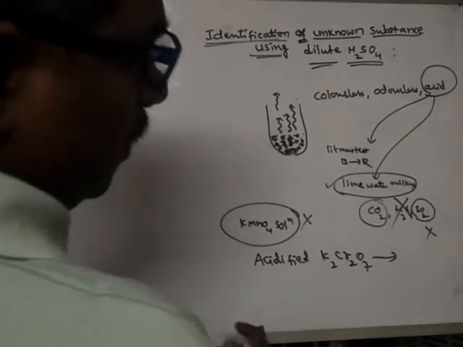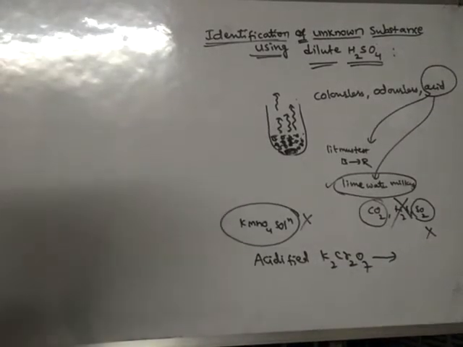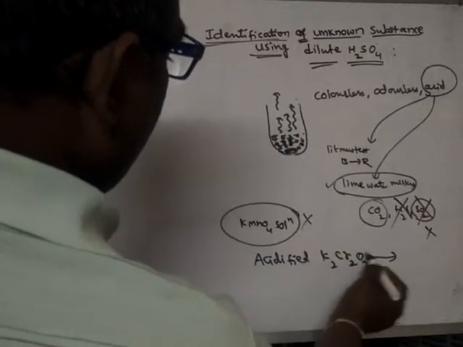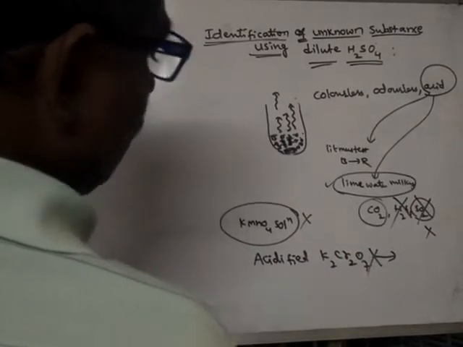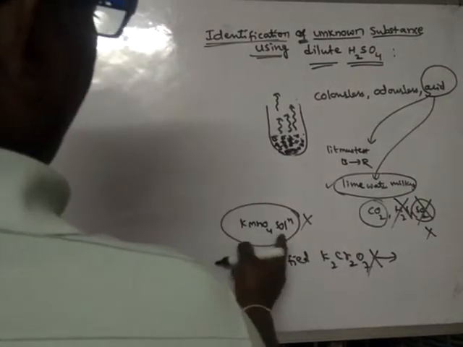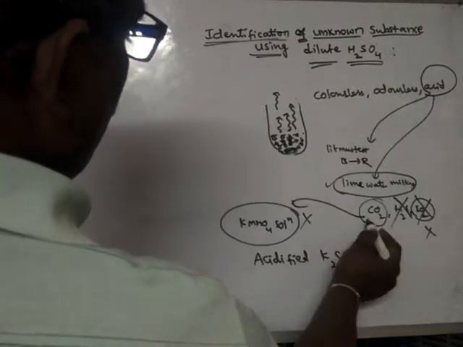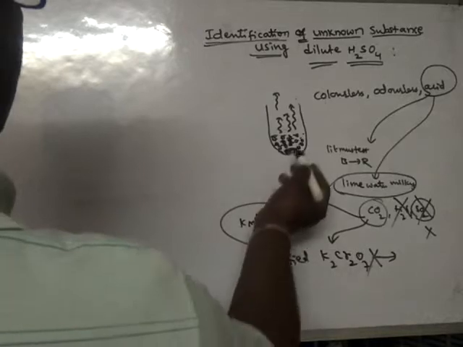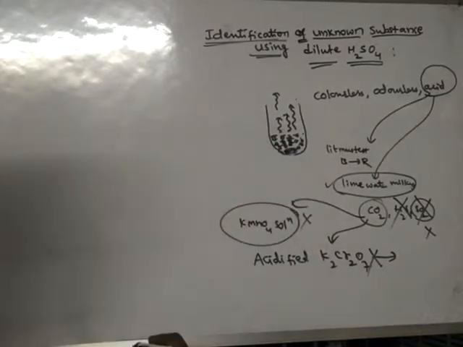Sulfur dioxide would turn acidified potassium dichromate green. So here it is not SO2. This gas is unable to react with K2Cr2O7 or KMnO4. Hence it is CO2. So finally the gas is found to be CO2.